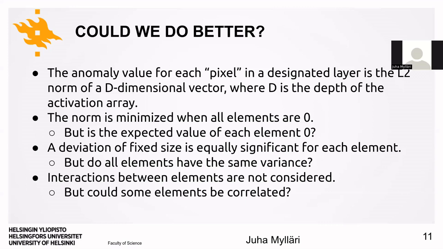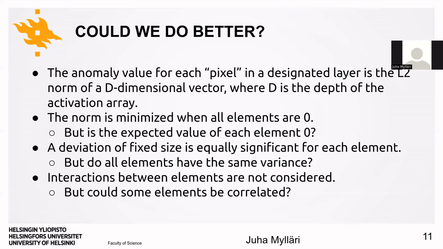First, the norm of the vector is, of course, minimized when all elements of the vector are 0. But in actuality, is the expected value of each element of each pixel vector 0? It might not be. Also, a deviation of fixed absolute size is equally significant for each element. But is this realistic? Do all elements have the same variance? It might be the case that some elements just simply tend to vary more than others.